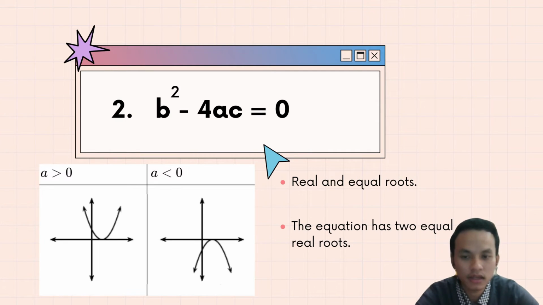Next, the second type is real and equal roots. So, the value of the discriminant is equal to 0, that is, b squared minus 4ac is equal to 0. And the curve will intersect the x-axis at only one point.